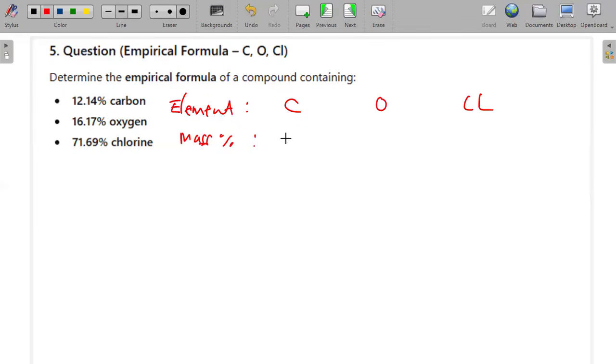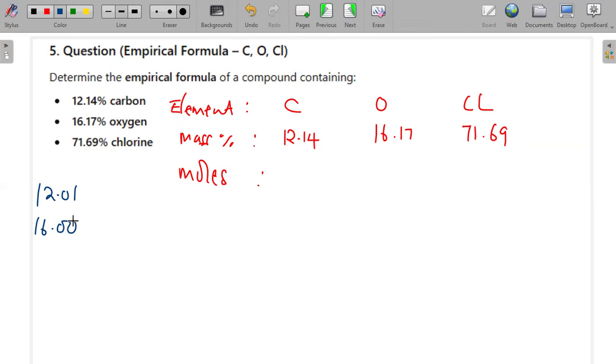Okay, so for the mass percent I have 12.14, 16.17, 71.69. Okay, and then I find the moles. So the moles, I just have to divide by the molar masses of these elements here. So for carbon, it's 12.01. For oxygen, 16.00. For chlorine, it's 35.45.